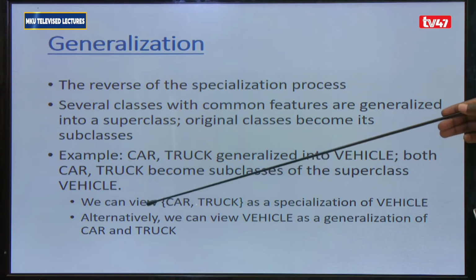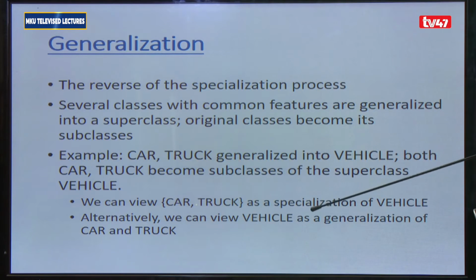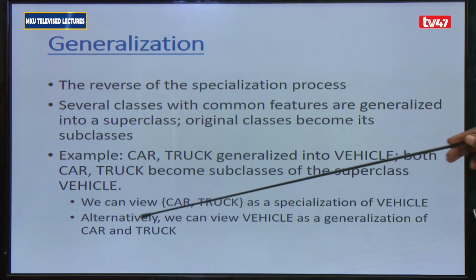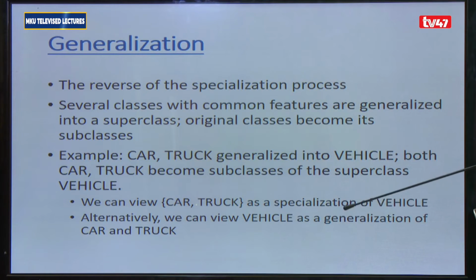So we can view car and truck as a specialization of the vehicle. In this case, the vehicle is the superclass. Alternatively, we can view vehicle as a generalization of the car and the truck.